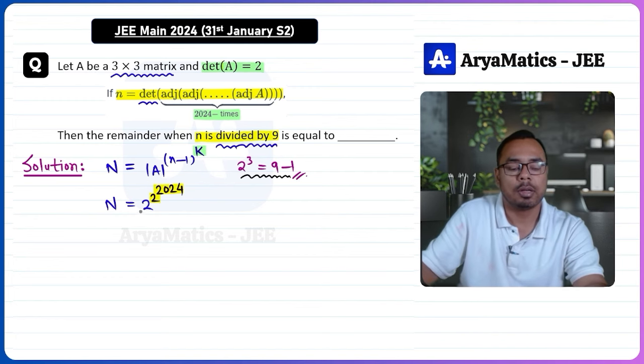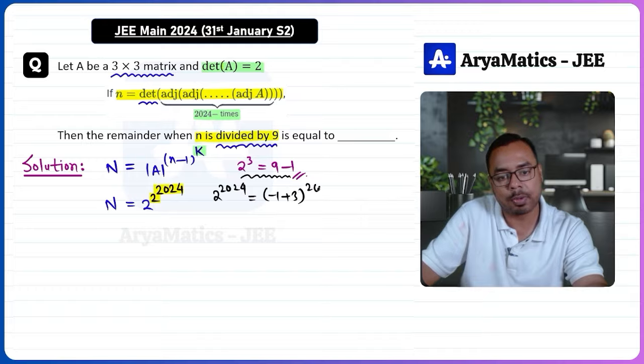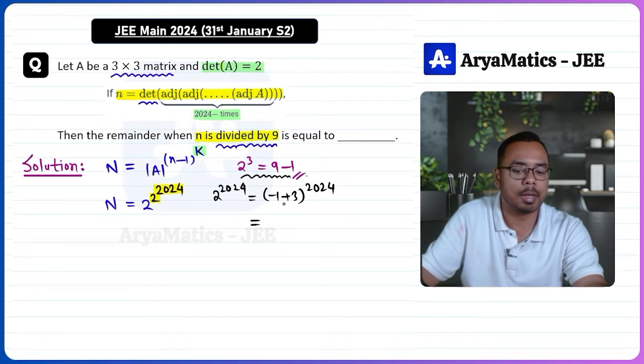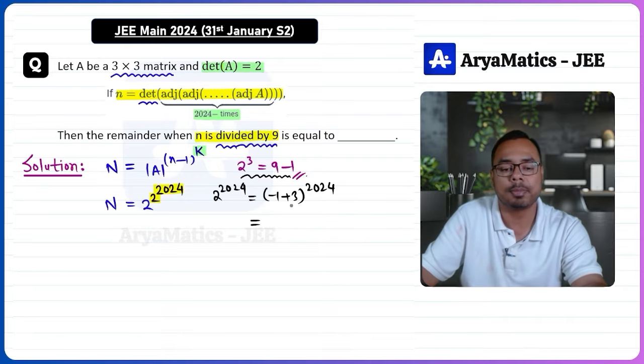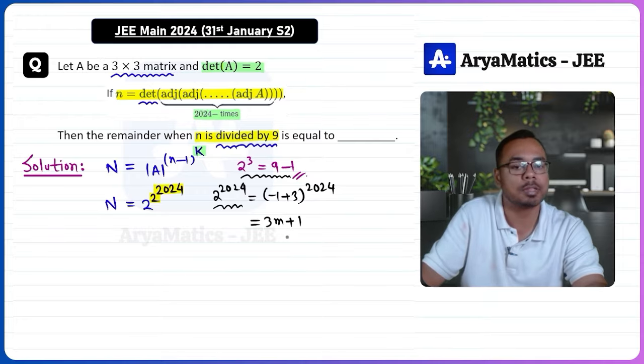So here, 2024 you can write as minus 1 plus 3, and this raised to 2024. Now if I expand it using binomial theorem, then clearly you can see that minus 1 raised to even power will be 1, and after that all the other terms will be multiple of 3. So that means 2024 is nothing but multiple of 3 plus 1.